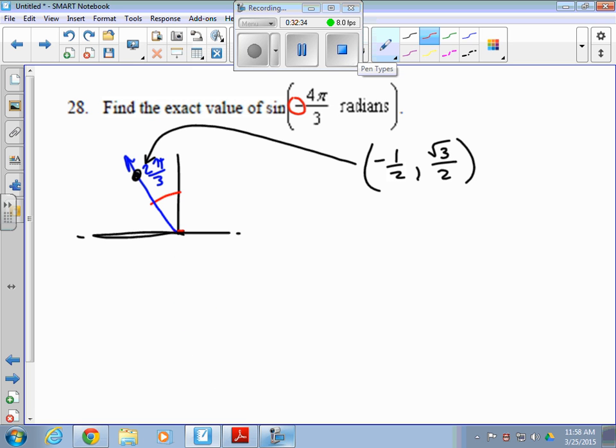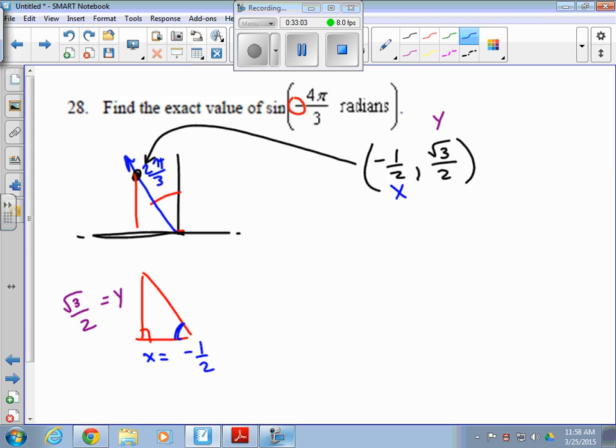So this will be your reference angle. The triangle that looks just like this is the one you're using. Remember, this is your 90. This is your reference in regards to negative 4 pi over 3. This is your x-axis. Your x is this one, negative 1 over 2. This is your y-axis. This is your y. That equals the square root of 3 over 2.